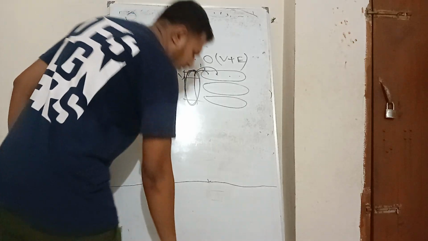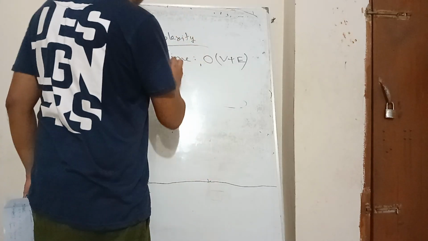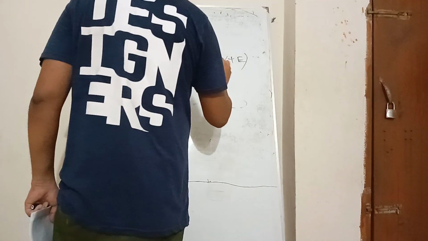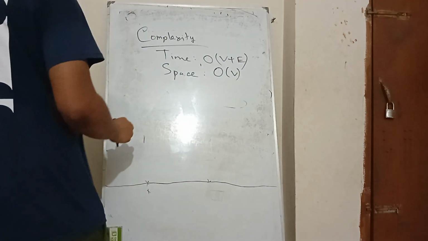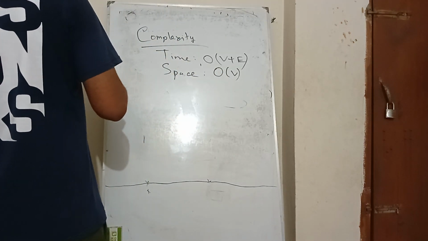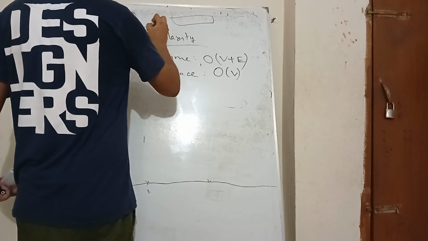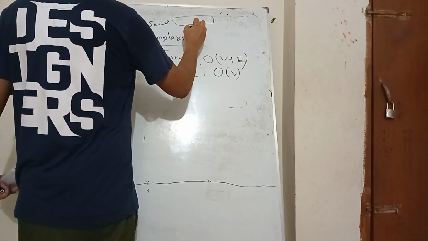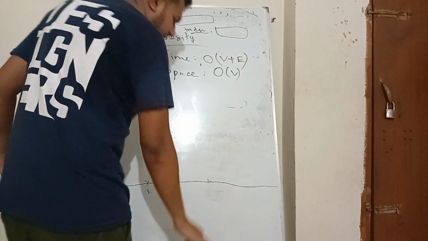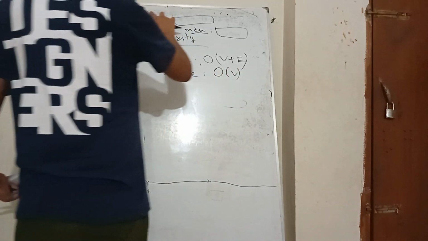So the total time complexity is big O of vertex plus edge. And space complexity in this algorithm is big O of v. Why big O of v? Because we maintain serial and in degree lists. So time complexity is big O of vertex plus edge, and space complexity is big O of v.